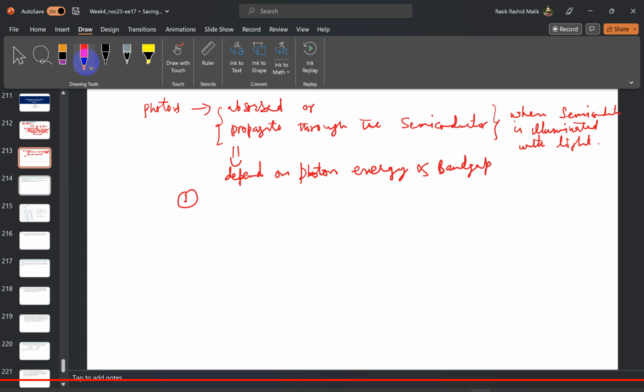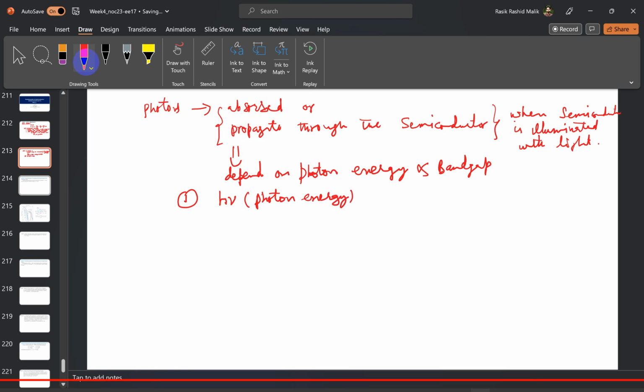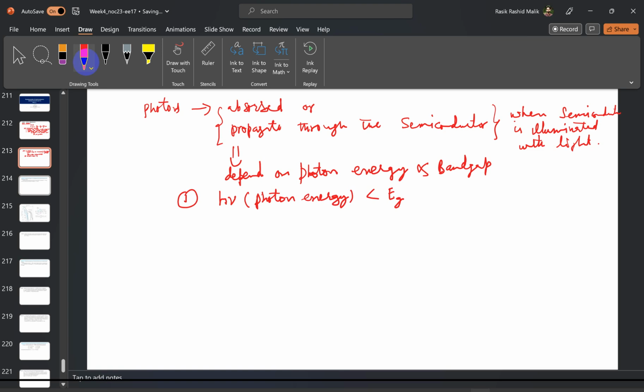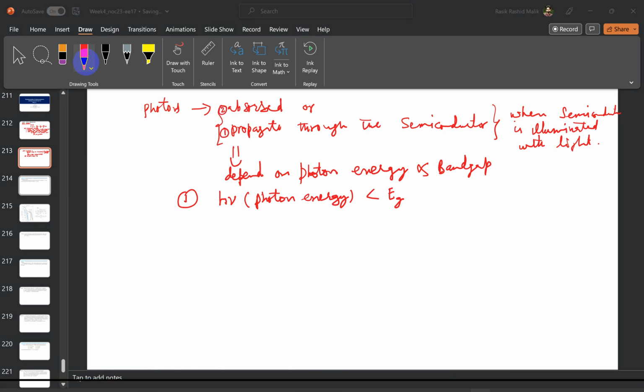Okay, so case one is when the photon energy is less than the band gap of the semiconductor. This is case 1, and this is case 2. If the photon energy is less than the band gap, the photons are not absorbed.